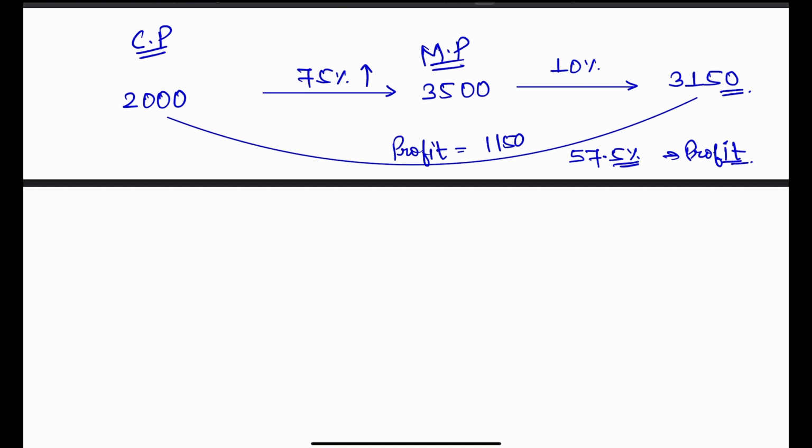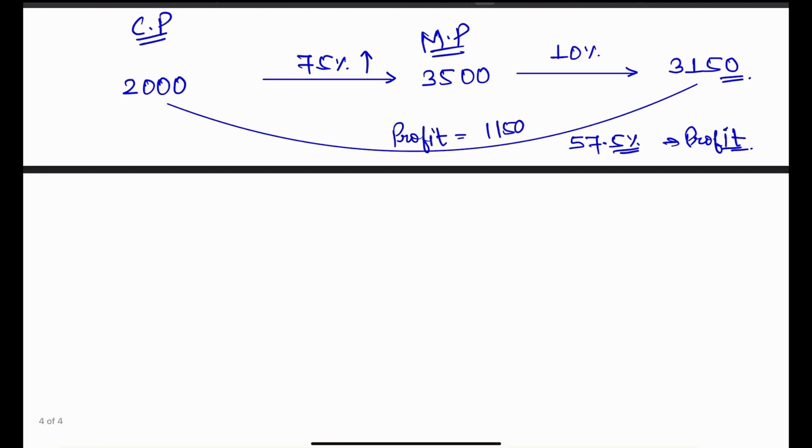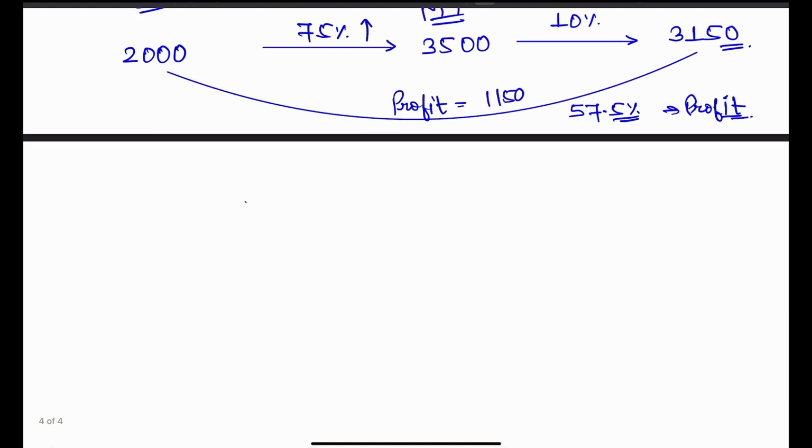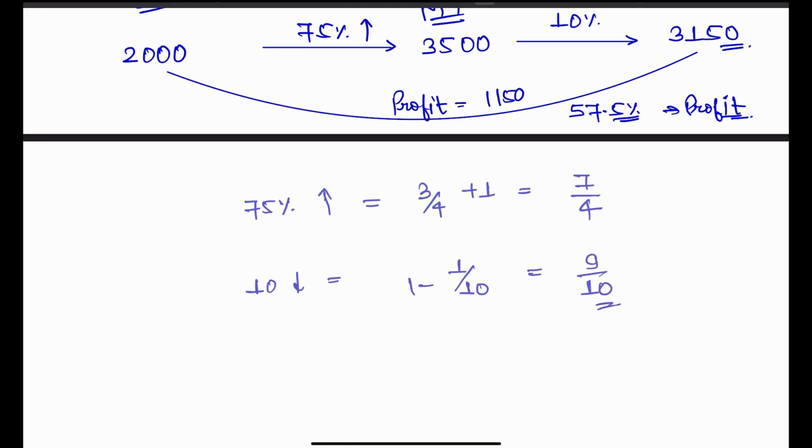If you try to solve the same question with the successive method, then a 75% increase is 3/4, and since it is an increase, the multiplying factor is plus 1, so it becomes 7/4. Similarly, a 10% decrease is 1/10, but since this is a decrease, the multiplying factor is 1 minus, so it becomes 9/10.